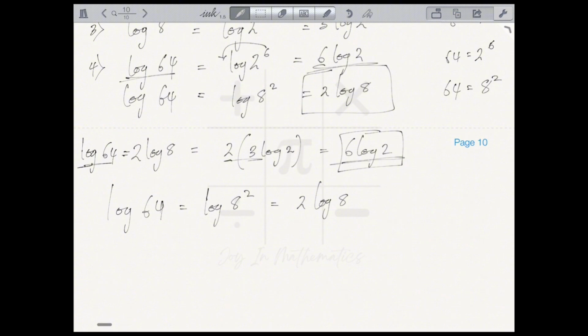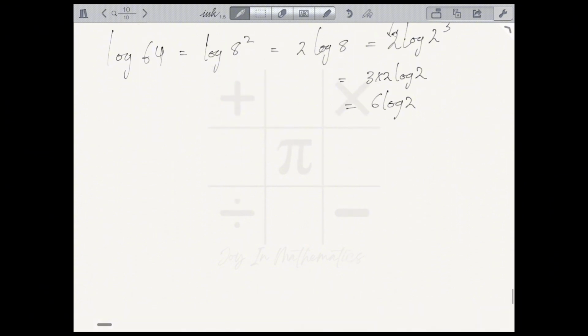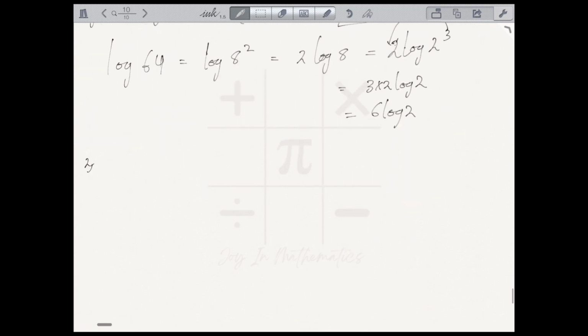Now 8 in itself is 2 raised to the power of 3, so we will rewrite 8 as 2 raised to the power of 3. In the same vein that 2 comes to the back, 6 comes to the back, 3 will also come to the back, and it will give us 2 multiplied by 3 log 2, and this will be 6 log 2.